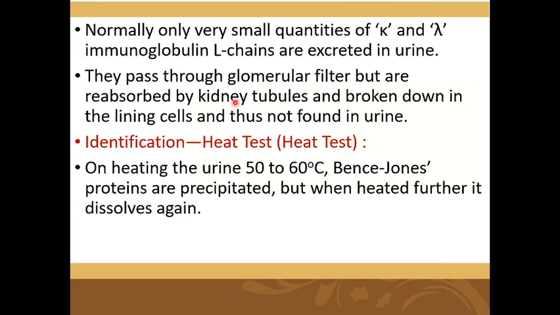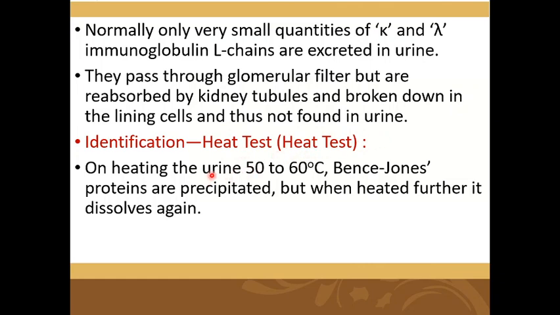So they are reabsorbed by the kidney tubules and broken down in the lining cells, that is, in the tubular cells, and thus not found in the urine. There is a test to identify the Bence Jones protein, and this is the heat test.